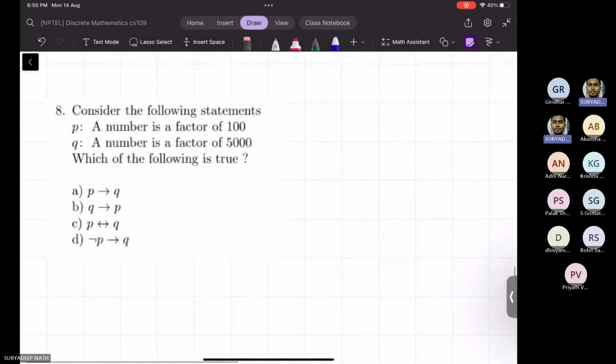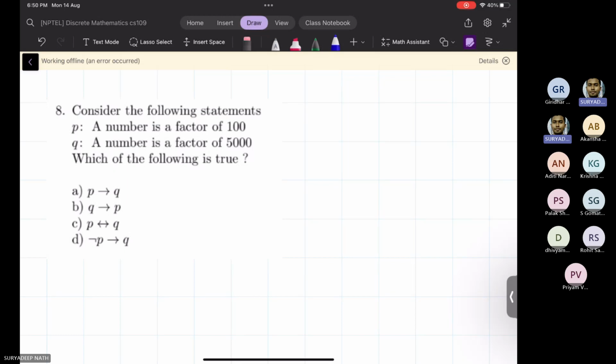So we considered the following statement: P, a number is a factor of 100, and Q, a number is a factor of 5000. Which of the following is true?